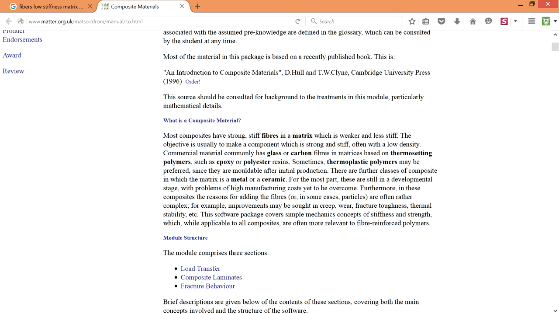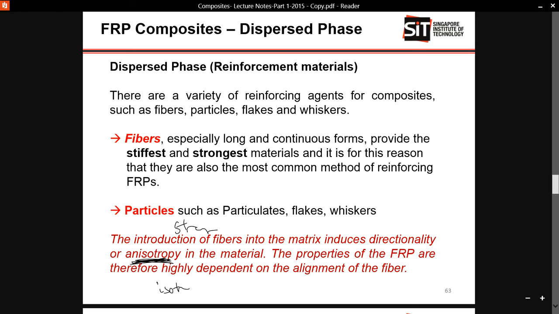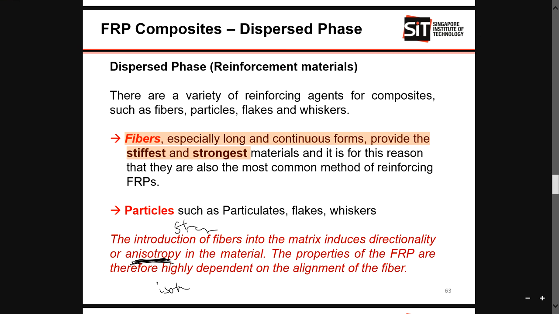The matrix helps to take in any damage from the outside to protect the stiff fibers, because stiff fibers are often easily broken. This is why the fibers here are stated to be the stiffest and strongest. In the past I believe I mentioned it wrongly, so this is the correct understanding for fibers.